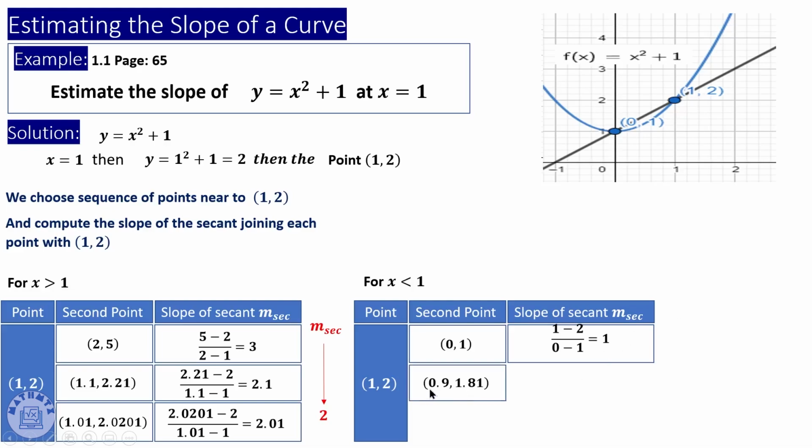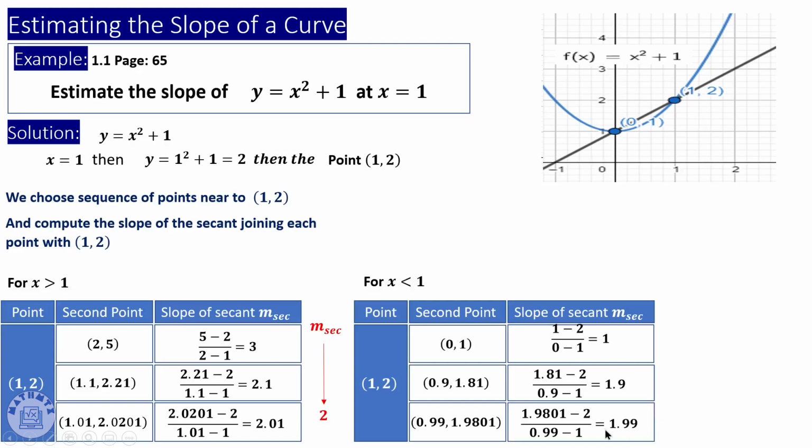Let's use 0.9. We are approaching the point 1 from the left, and applying the slope formula, it will be 1.9, and even closer at 0.99, this will be 1.99. So you can see from the left side also we are approaching 2.